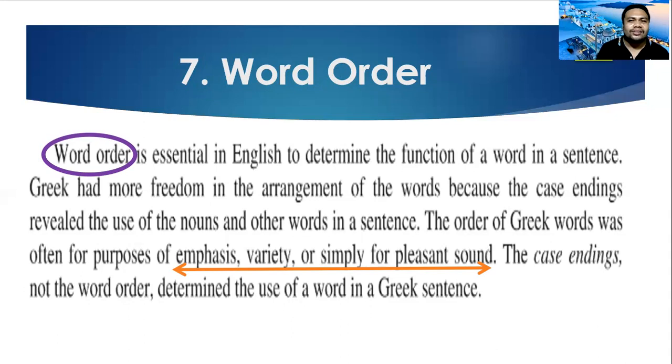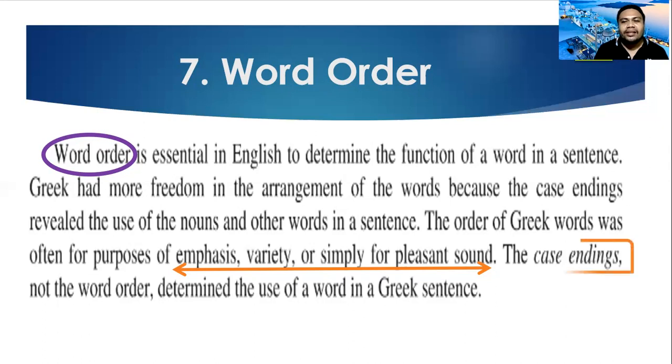Sometimes in English also, when you read or write grammar, you need to listen if it is pleasing to one's ear. The case endings, not the word order, determine the use of a word in a Greek sentence. So no matter where the order is, just look at the case and you will know the meaning of that word. Is that clear? All right, that's enough with the word order.